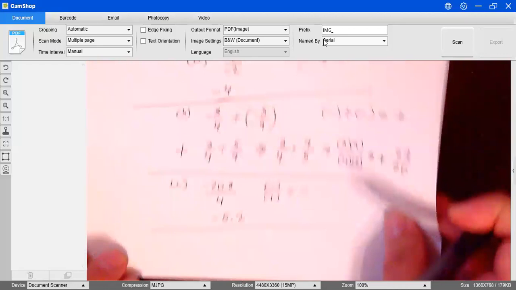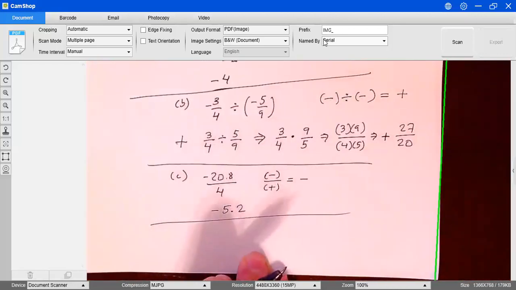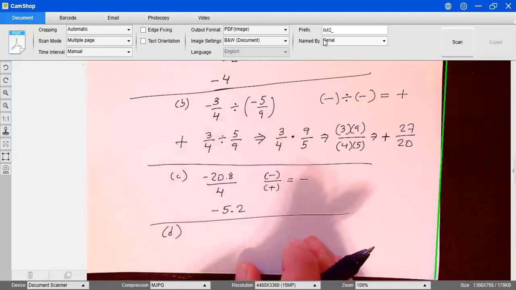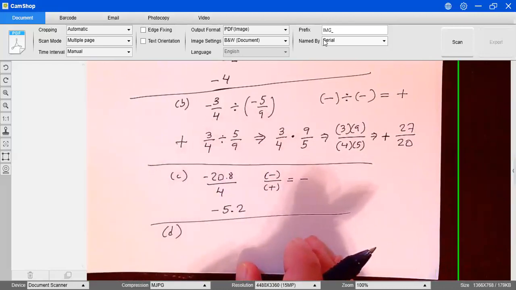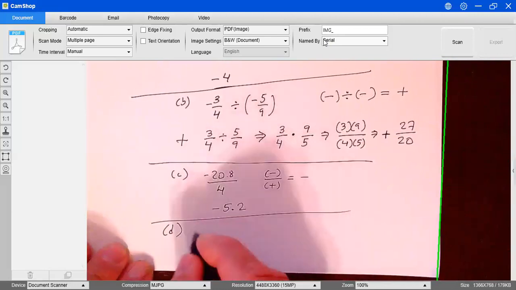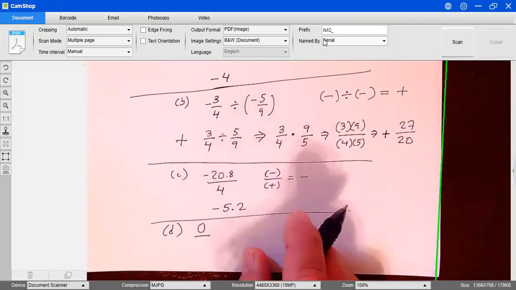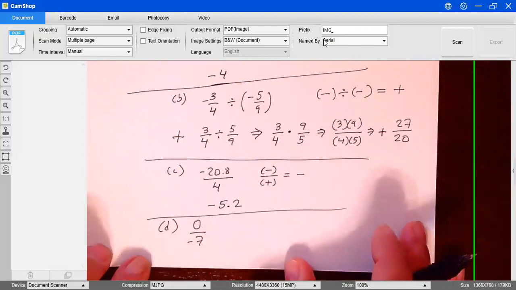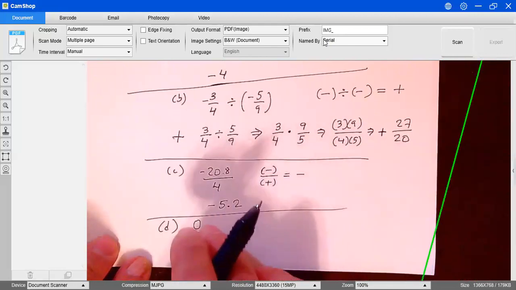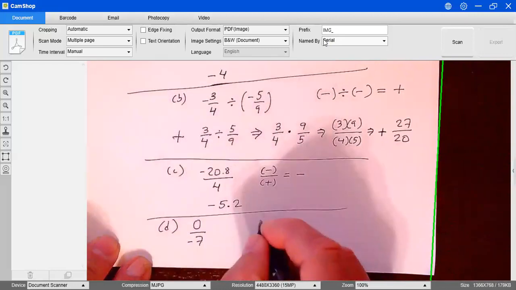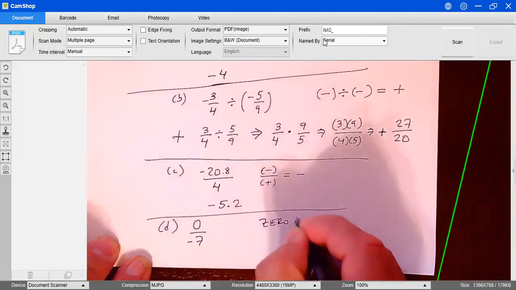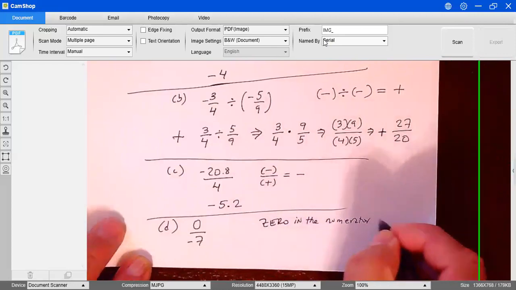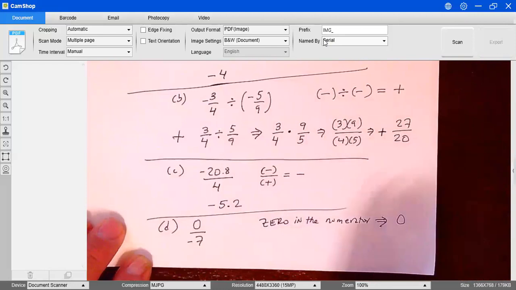Then we have the next one, which is D. D is 0 divided by negative 7. So when you have 0 in the numerator, the answer is 0.